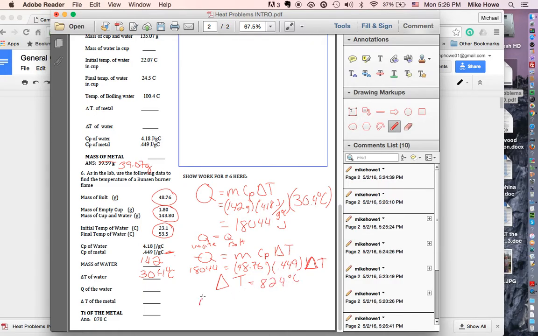But remember, the bolt was hanging in the flame. So the change in temperature of the bolt would be the initial temperature of the bolt minus the final temperature of the bolt.